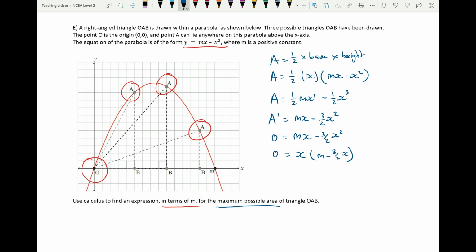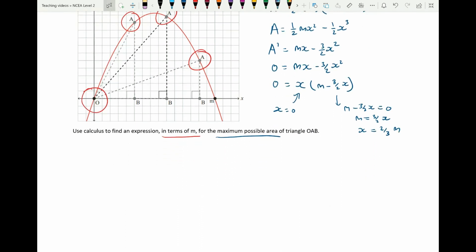Which gives us two possible solutions. Either this x would have to be 0, or this bracket, m minus 3 over 2 x, would have to equal 0. So m would equal 3 over 2 x, so x would equal 2m over 3. Okay, we're nearly there. So maximizing area will happen when x equals 2m over 3.